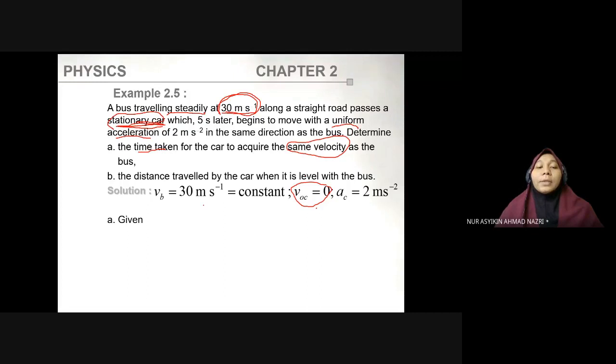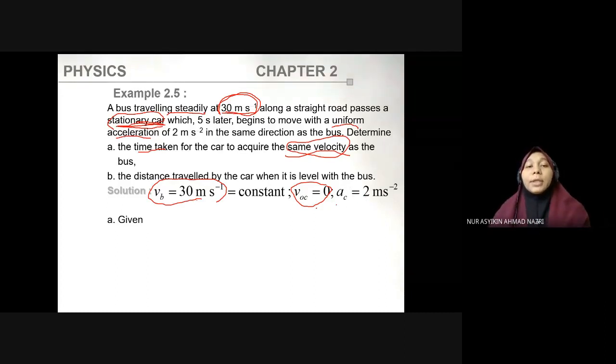Okay, and then it says it wants to acquire the same velocity as the bus, which means it wants to achieve 30 meters per second. So your final velocity is 30 meters per second. And the acceleration, as mentioned earlier, is uniform acceleration of 2 meters per second squared, when it begins to move. Now which expression should we use to solve this problem?